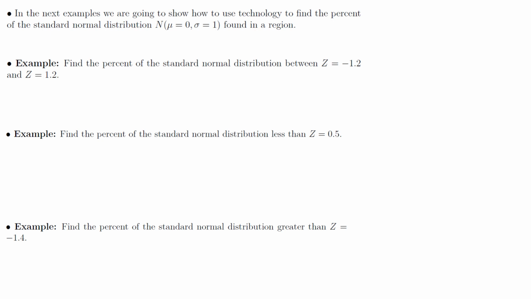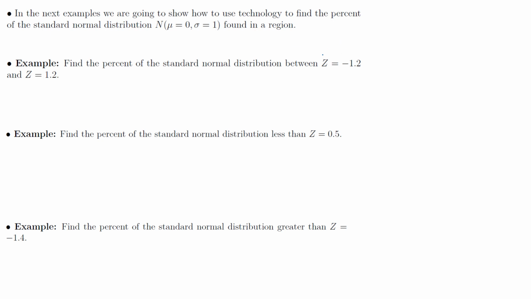We answered questions like, what percent of Dutch men are at a height between this many centimeters and that many centimeters, and we came up with the answer using the 68, 95, 99.7 rule.